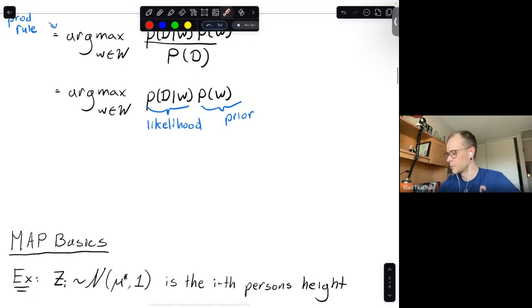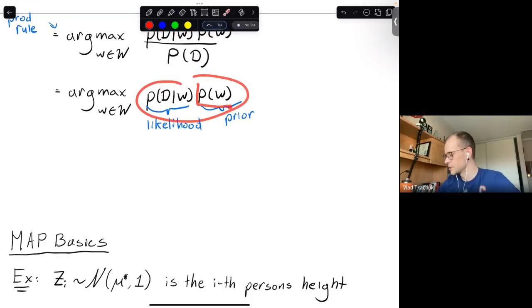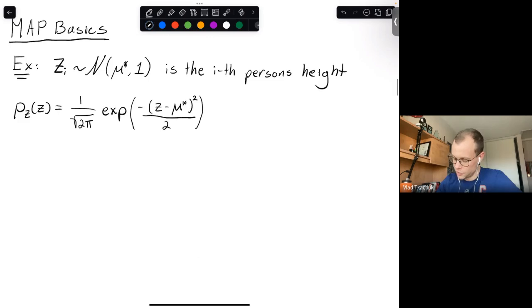In particular, if we want to maximize this, we need to make some assumption on what this PDF is. In MLE, we made an assumption on this guy. In MAP, we're going to make an assumption on this. Okay. So let's make that assumption. And in this case, this should be your prior knowledge. It should reflect your prior knowledge of people's heights and things like this.